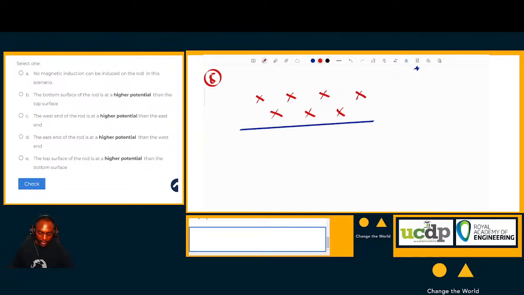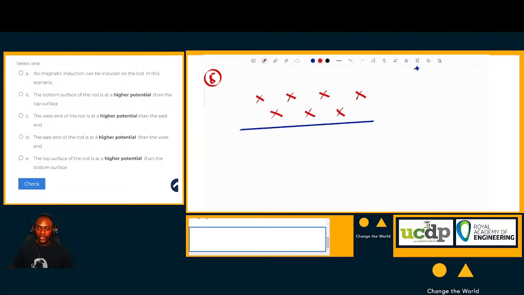So if we agree, which means that item A is out already. If an EMF is going to be induced, therefore we've got a magnetic induction on the rod, then A is out. But what we now have to establish is which side would have a higher potential than the other.